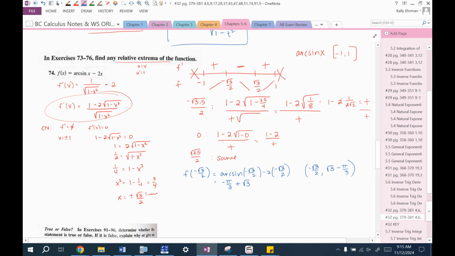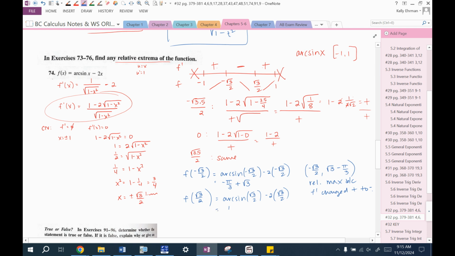That ordered pair is a relative max because f prime changed positive to negative. All right, and then what's f of radical 3 over 2? Positive version of that. That's the arc sine of positive radical 3 over 2 minus 2 times positive radical 3 over 2.